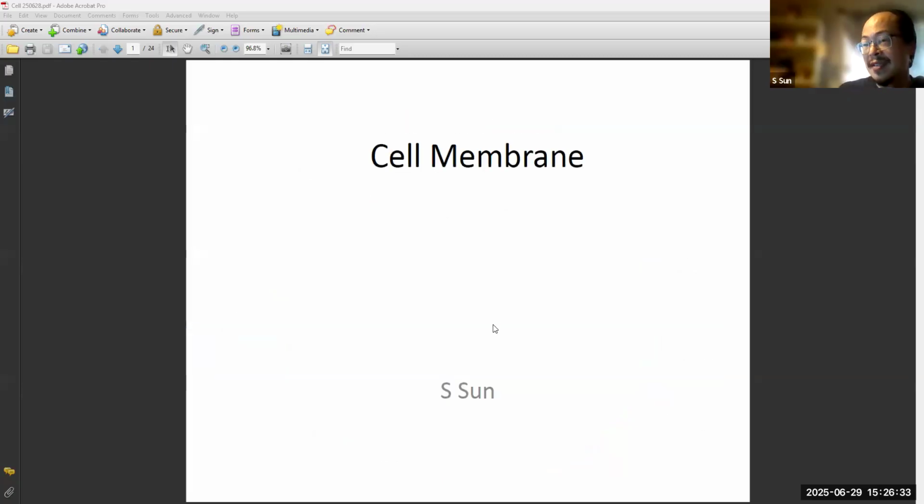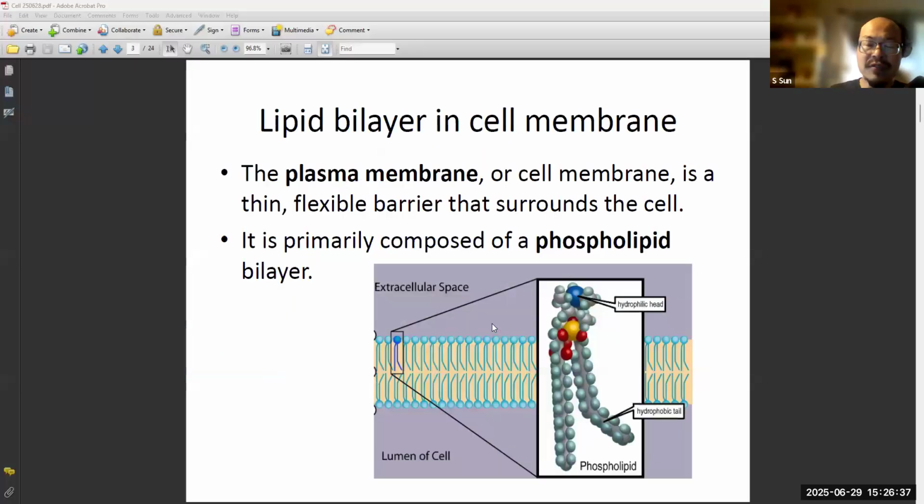The title here is the cell membrane. So what do you need to know? The first thing you need to know is that the cell membrane is primarily formed by phospholipid. This is a picture of a phospholipid right here.